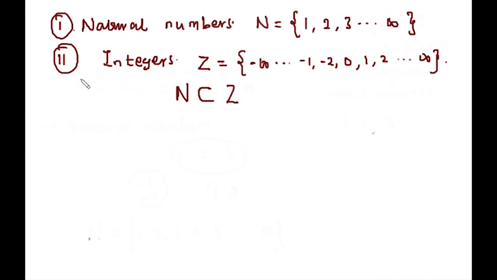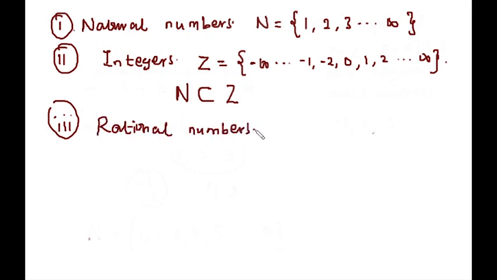So for the third class of numbers, we have rational numbers. Rational numbers are numbers that can be expressed in terms of fractions. So if I have 2, I can express 2 as a fraction. So this would be 2/1. Or if I have 15.5, I can express this as a fraction.